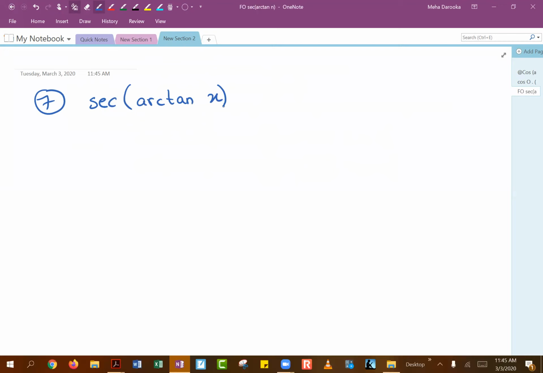So one of the big things you should see as a difference between example 6 and example 7 is in example 6, they gave us a specific numerical value for our angle, right? They gave you -3/2 or 3/4 or pi/2 or whatever. In these examples, they're giving you 3x as you saw in example 7, or they're just giving you x, right? They're not defining what the angle is.